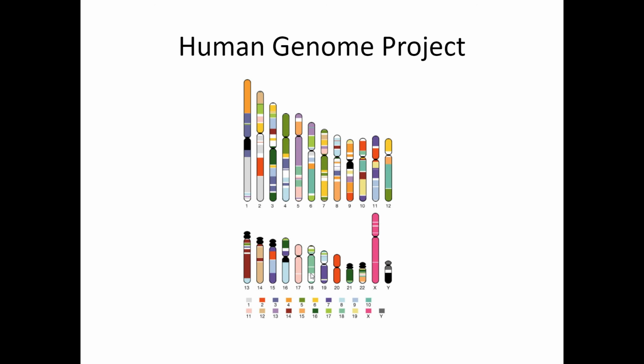In 2003, the Human Genome Project was completed, which seems like forever ago now. But basically, they mapped out the entire human genome and discovered what genes are located and where they are located, and discovered that we have approximately 24,500 genes, which create about 50,000 proteins.